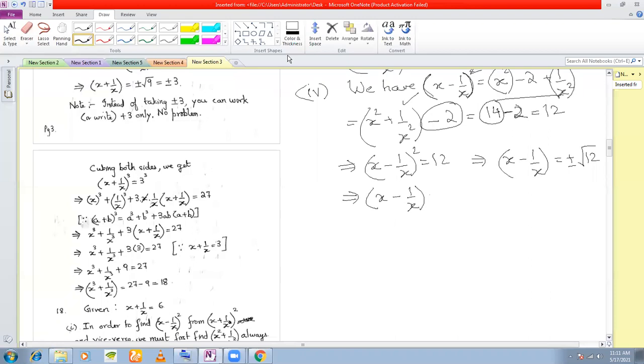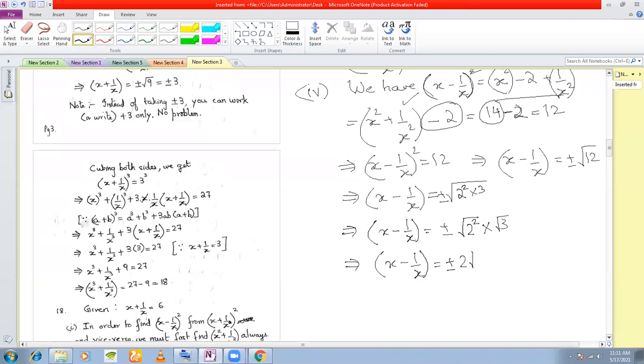How? You prime factorize 12. How much do you get? 2 square into 3, right? That means you get x minus 1 by x is equal to plus or minus root of 2 square into root 3, which is plus or minus 2 root 3. That's it. That's your answer.